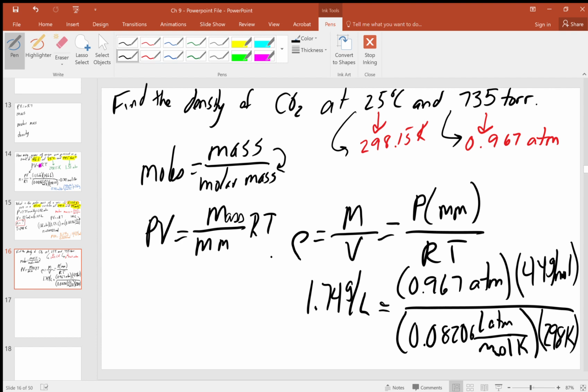We then rearranged the equation to solve for mass over volume, and we found that mass over volume, which is the definition of density, is equal to pressure times molar mass over R times T, and that gave us this equation, which we solved for the density.